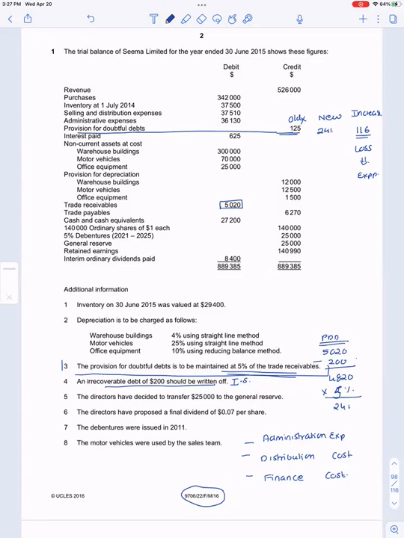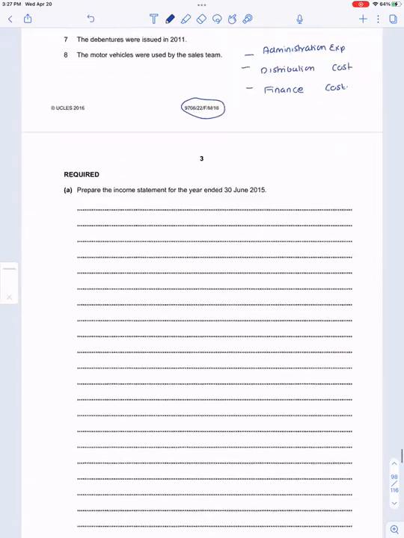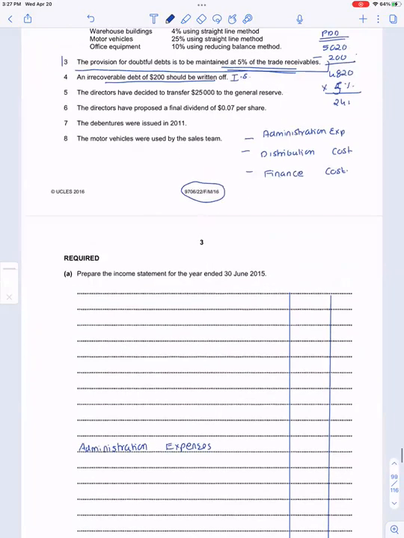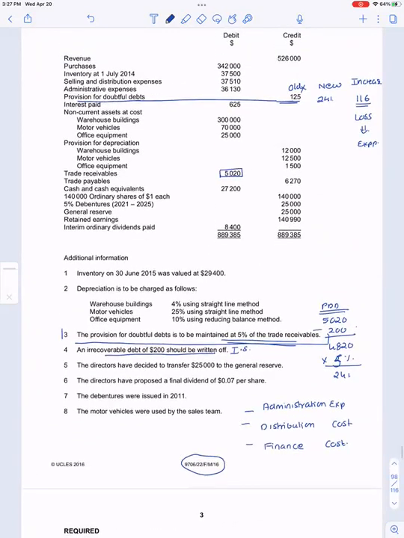Okay. Normally provision increase or decrease, if it is increase, it comes under which expense? Administration expenses. So I'm making a column of administration expenses, just recording it over here. How much is administrative expenses in the trial balance? 36,130.